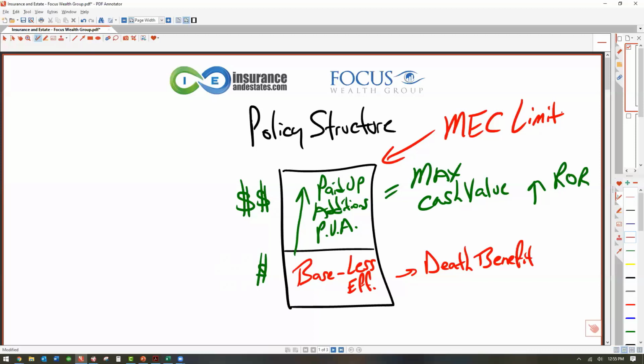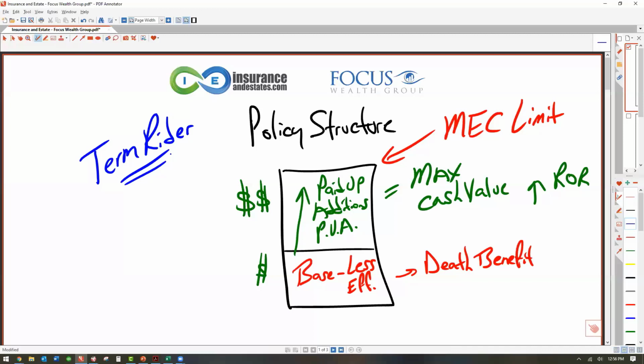Now, there's another little key to this. Sometimes we'll add an additional term insurance rider, and the term rider can raise the MEC limit. So if someone says, you know what, I'm sitting on some extra cash, I want to put in an additional lump sum in the very first year with the first premium payment, more than likely that lump sum would MEC the policy.